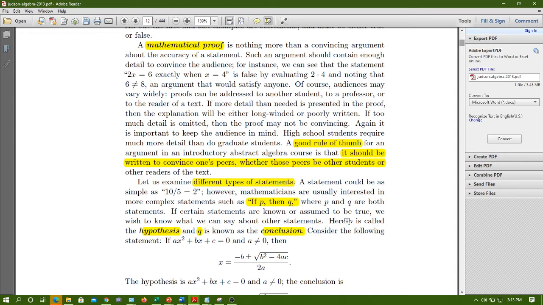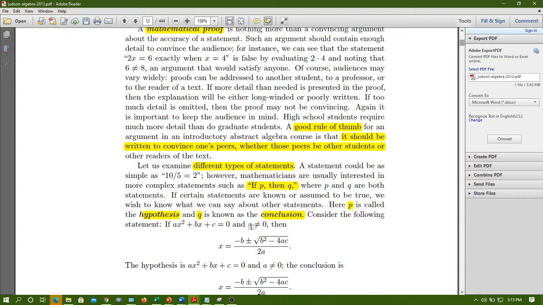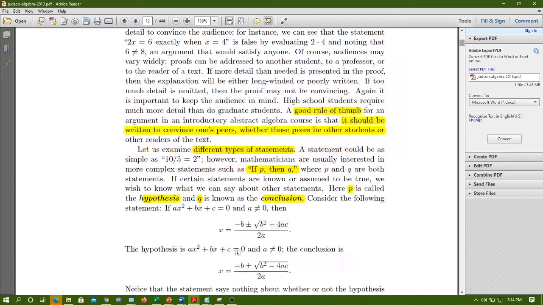So, different types of statements. If P, then Q. So, P is a hypothesis, Q is a conclusion. So, consider the following statement. If ax squared plus bx plus c equals 0 and a is not equal to 0, then x can be solved by using the quadratic formula: x equals negative b plus and minus square root of b squared minus 4ac over 2a.